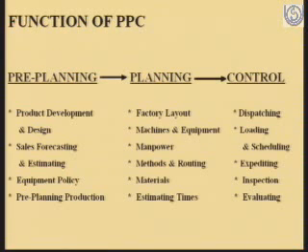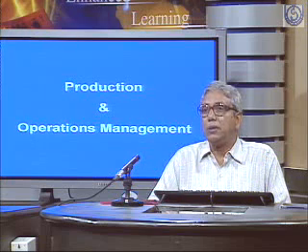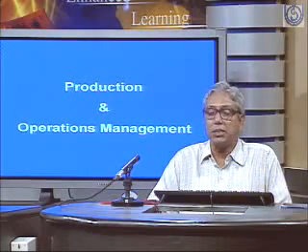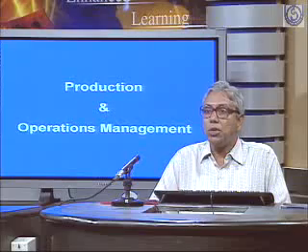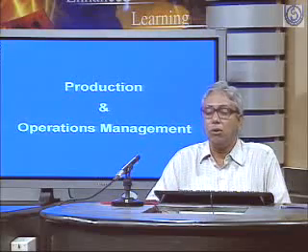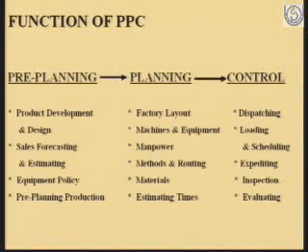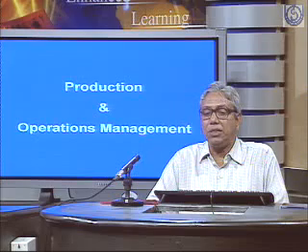That we call the methods and routing. That means methods employed, including various supporting activities required for the manufacturing at every stage, and the route in which the materials will flow, that needs to be decided. What type of materials you are going to use for the manufacturing, then estimating times. These are called the planning.